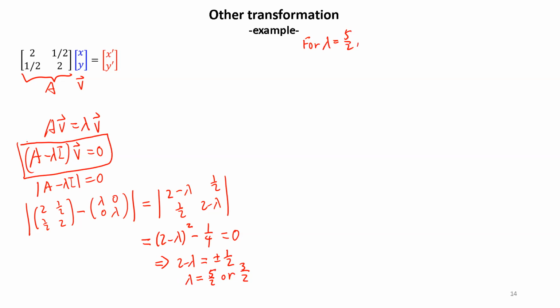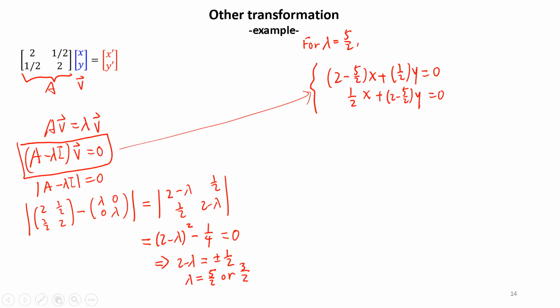So then what I have is 2 minus 5 divided by 2 x plus 1/2 y equals 0, and 1/2 x plus 2 minus 5 divided by 2 y equals 0. Right, so this system becomes this one.